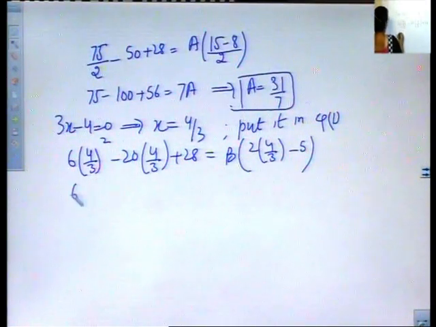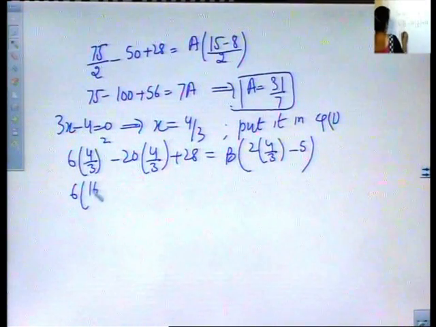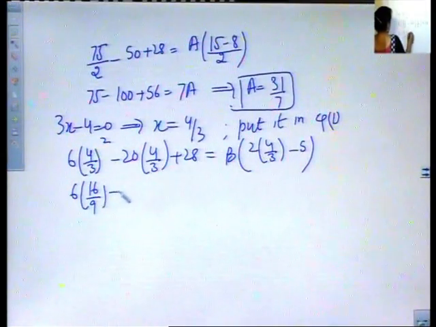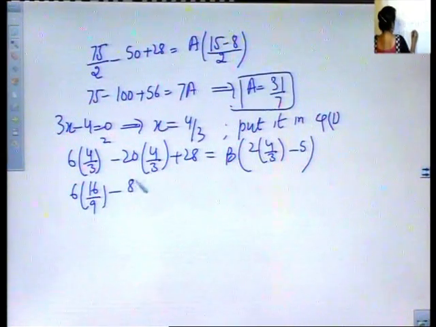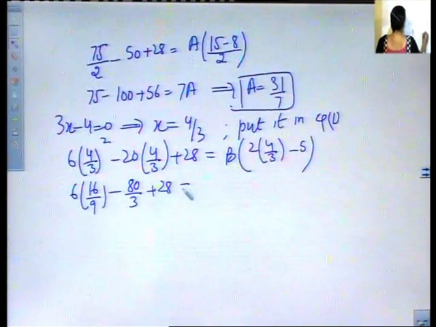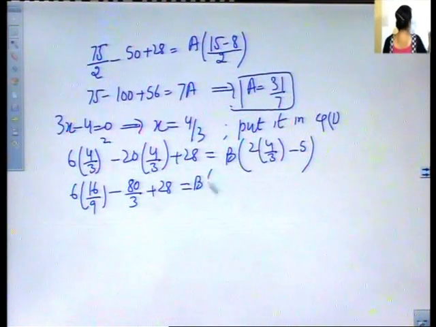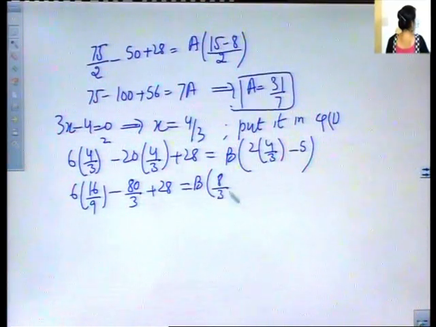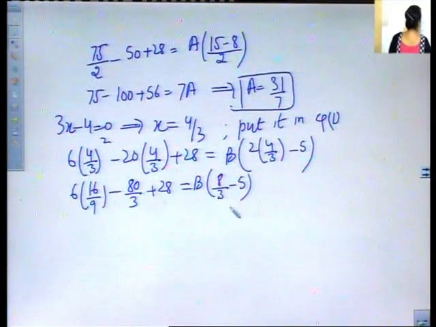So, this is 16 upon 9 minus 80 by 3 plus 28 is equal to b into 8 by 3 minus 5.